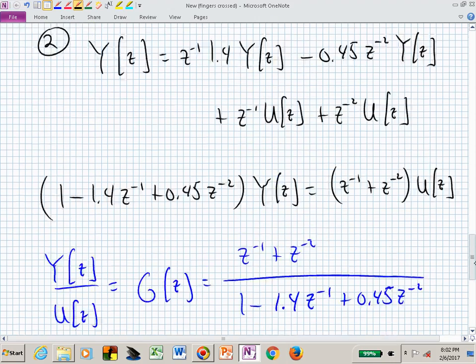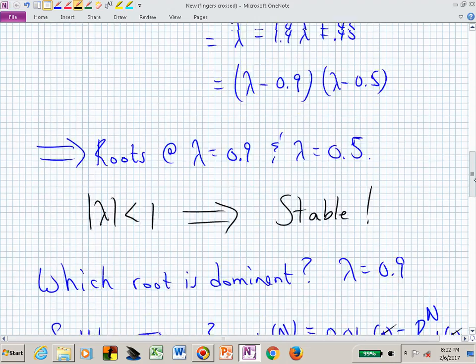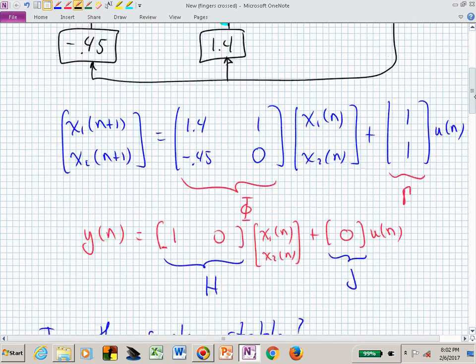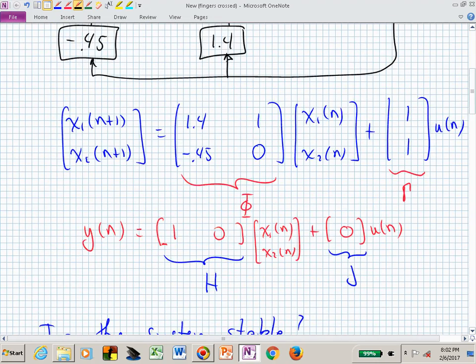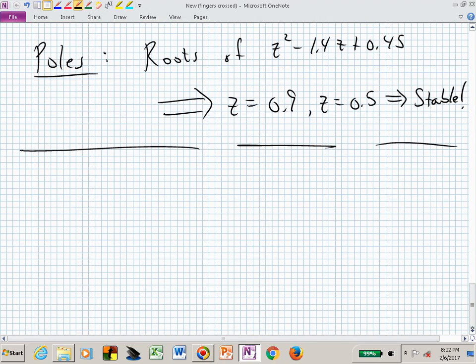What if we started with these state space representations and wanted to get the transfer function? If I didn't give you the difference equation, and I gave you this and said give me the transfer function, what's the transfer function?